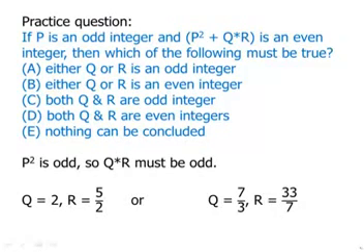Or it could be that both of them are fractions. For example, with those fractions, 7 over 3 and 33 over 7, if we multiply those, we get the odd number 11. So those are 2 fractions. Their product is an odd integer, but they're not integers at all. So in fact, nothing can be concluded because we are not guaranteed that Q and R are integers. Always be very careful about assuming that numbers are integers.